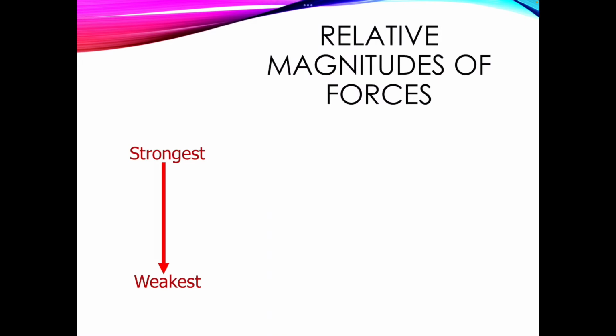All right, so let's look at the relative magnitude of our forces. At the top is ionic bonds. Remember, these are intramolecular forces. These are ones within a substance. That's our strongest bond. And covalent bonds are also strong because, again, these are both intramolecular forces.